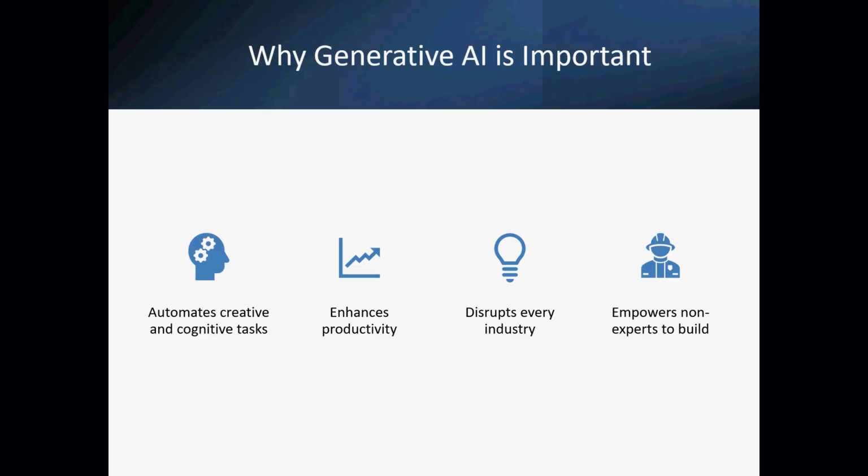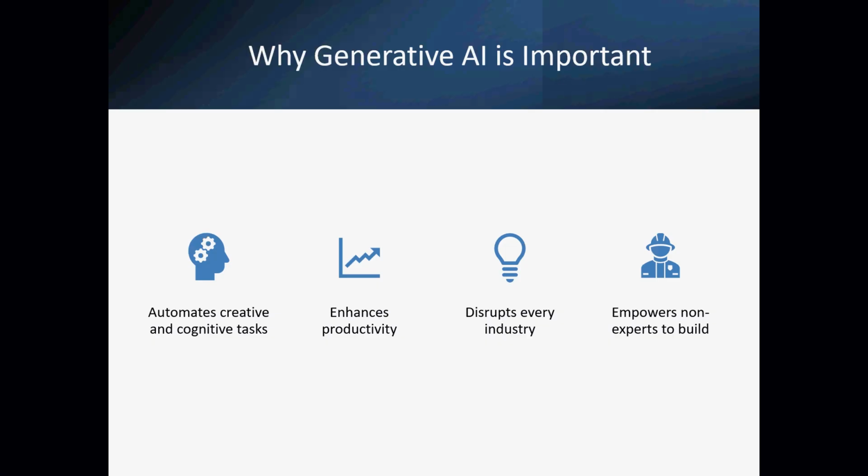It is important because generative AI has revolutionized the automation of creative and cognitive tasks. It has enhanced productivity for anybody, and it has disrupted almost every industry. Think about any industry like healthcare, travel, finance, and education. Almost everywhere AI is being used currently.